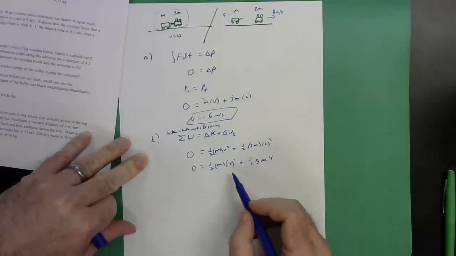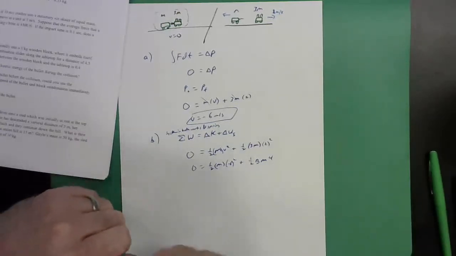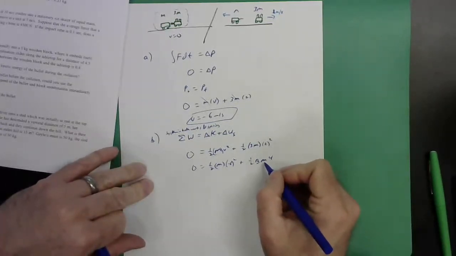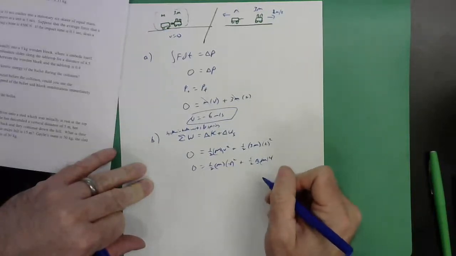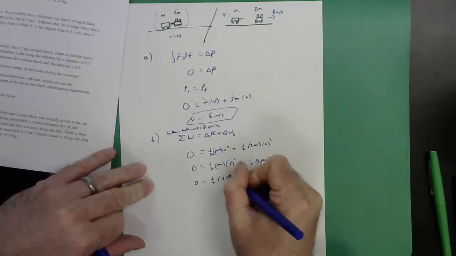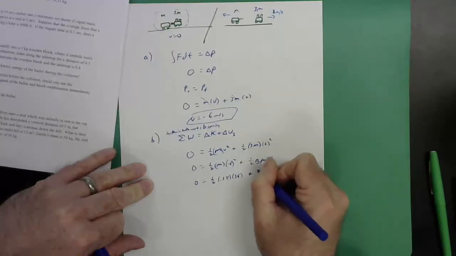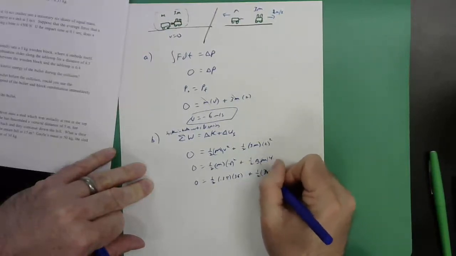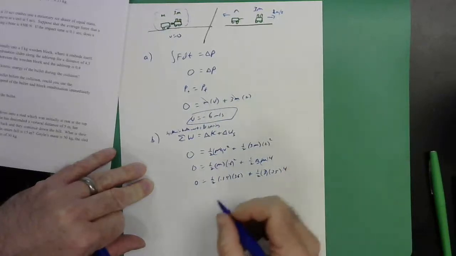At this point, we're trying to solve for the energy that was in the spring. They told us the masses, didn't they? They said the mass is 0.35 kilograms. So if I put that in, I'm going to have 1/2 times 0.35 times negative 6 squared, that's 36, plus 1/2 times 3 times 0.35 times 4.